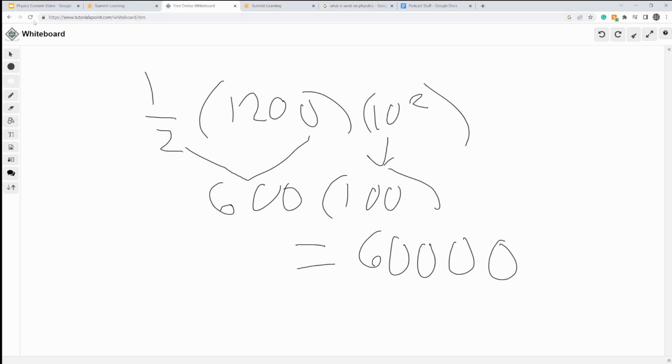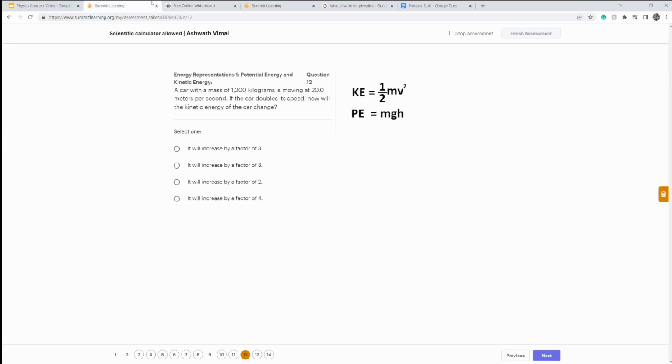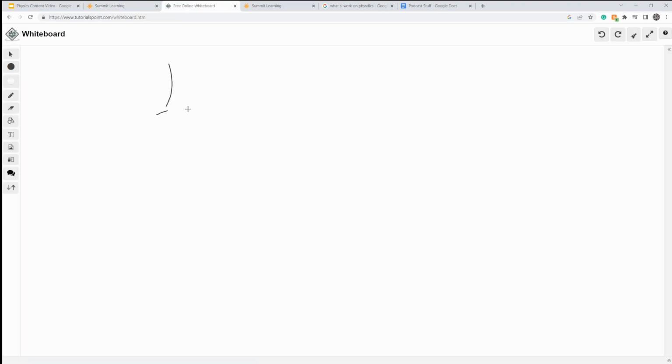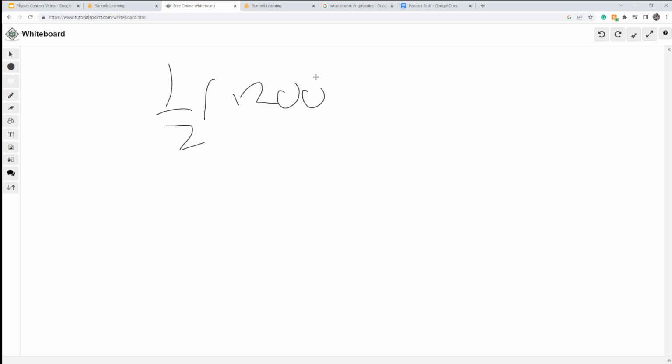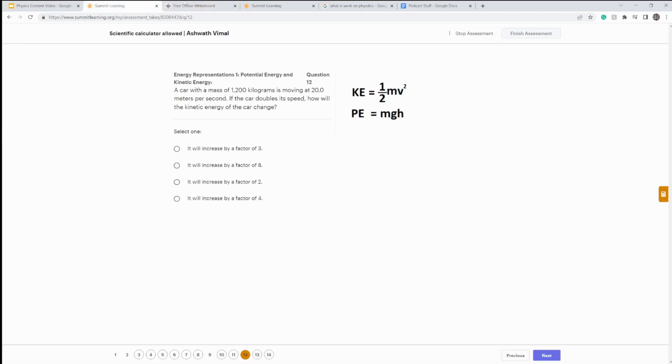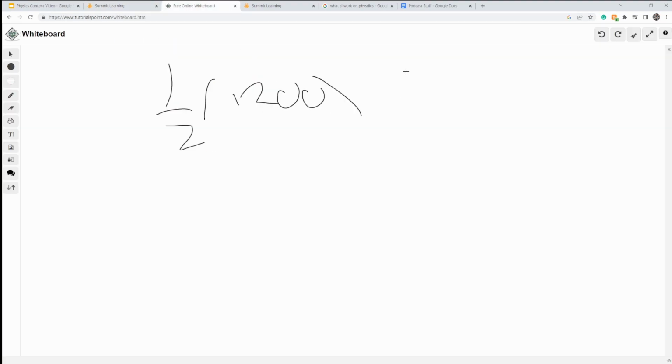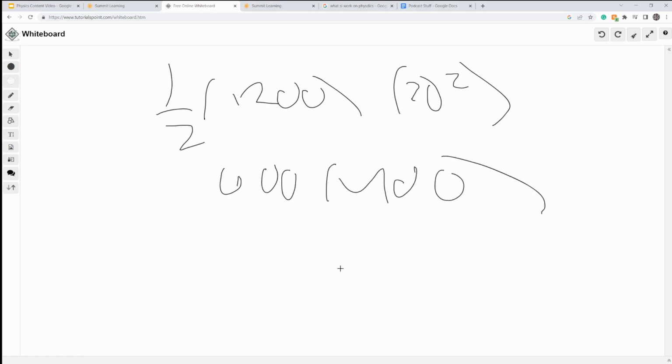So what's easiest to do if you don't know any tricks is just to plug everything in. We can do 1/2 times 1,200 kilograms times 20 squared. So 600 times 400, which would be equal to 240,000.